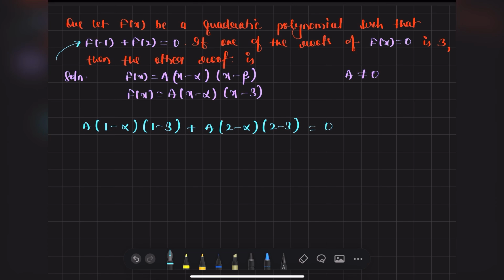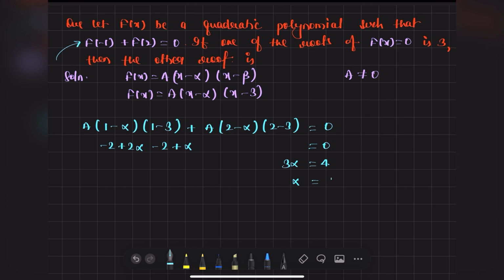Now we can divide both sides by a because a is a non-zero number, so we can do that. It is minus 2, so minus 2 plus 2 alpha and then minus 1, so minus 2 plus alpha equals to 0.